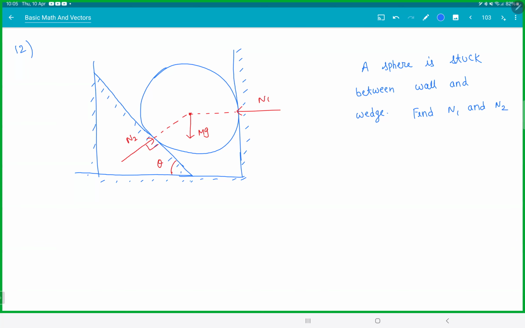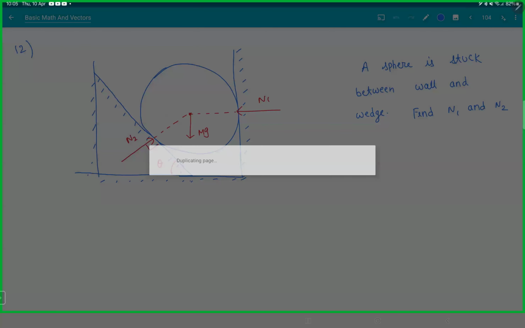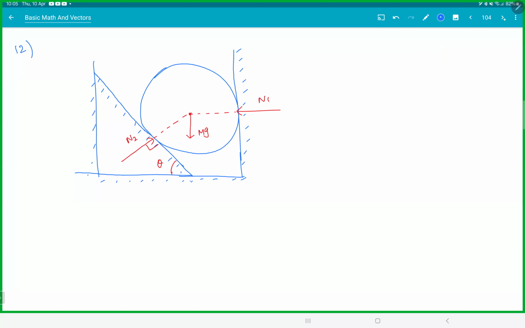I think most of you got the components. Somewhere during calculations, you must have made some mistake. I think you got confused with the angles here. If this is theta, this is 90 minus theta. So what will the components be? This will be the horizontal component, N2 cos(90 minus theta), which is N2 sin theta.